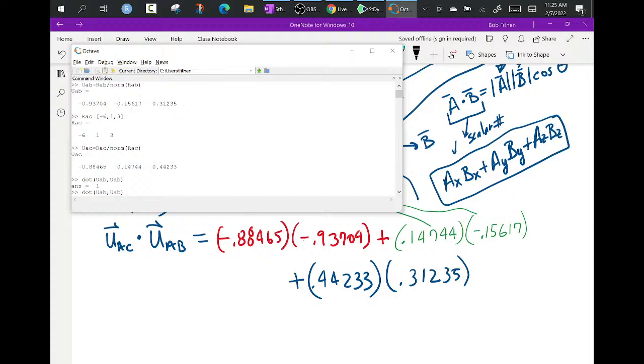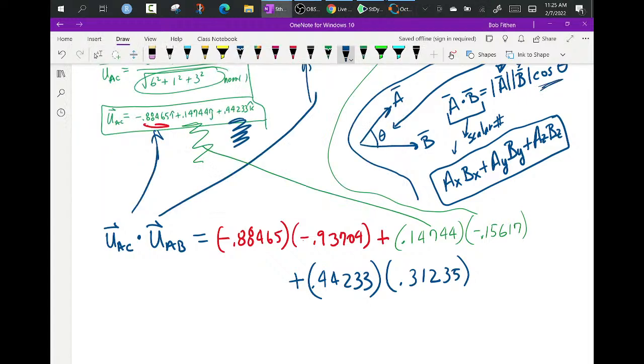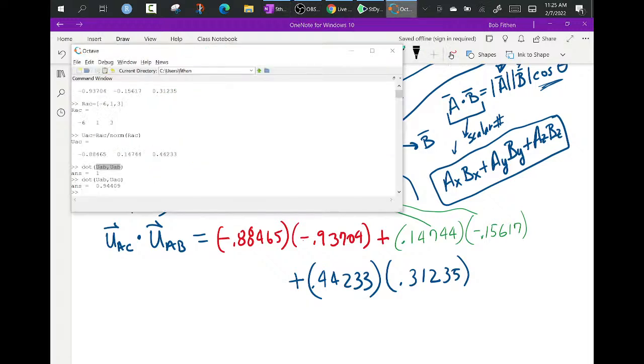We made the unit vector 1, but I mistyped that, so that should say AC, right? Sorry about that. Since I made these unit vectors, if you dot a vector against itself, its length is 1 and its angle would be 0, which gives you back a number 1. So it makes sense that that's what I got there.